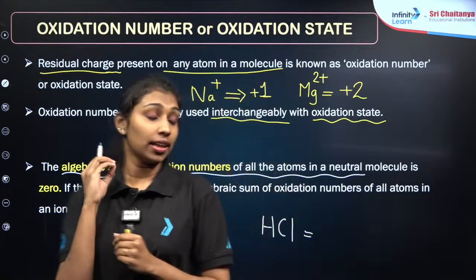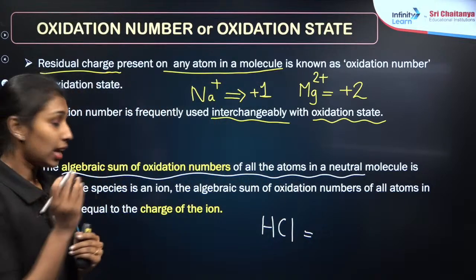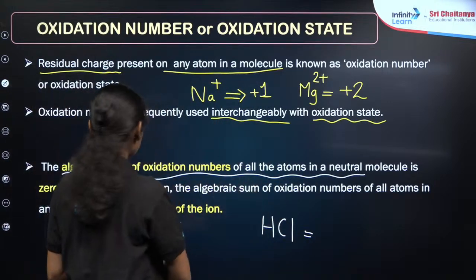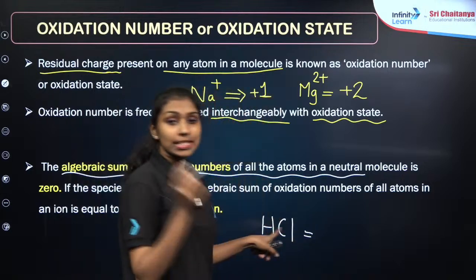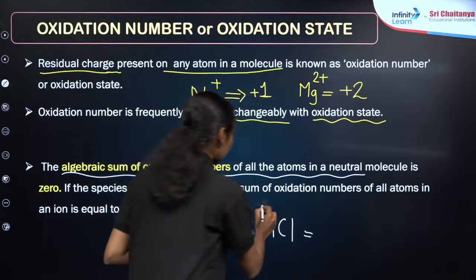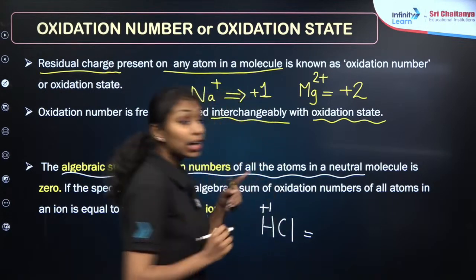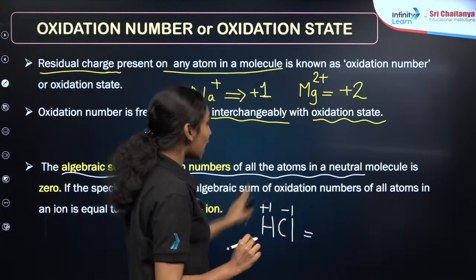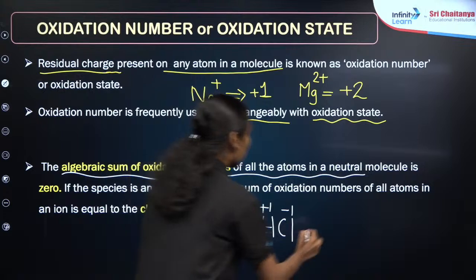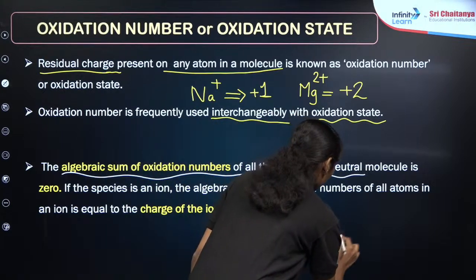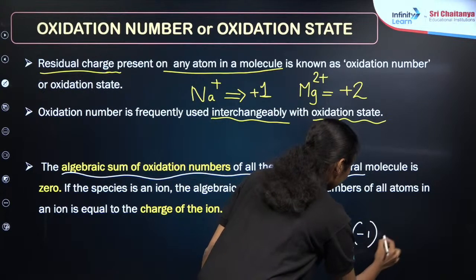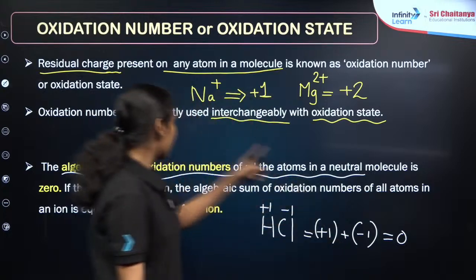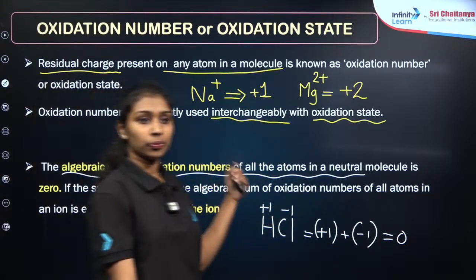Whenever we add the magnitudes along with signs, it is known as the algebraic sum. Generally, hydrogen has the oxidation state of +1, and chlorine, the halogen, has the oxidation state of -1, which means the algebraic sum of these oxidation numbers is +1 plus -1, which is equal to 0. This I already mentioned here. Clear?